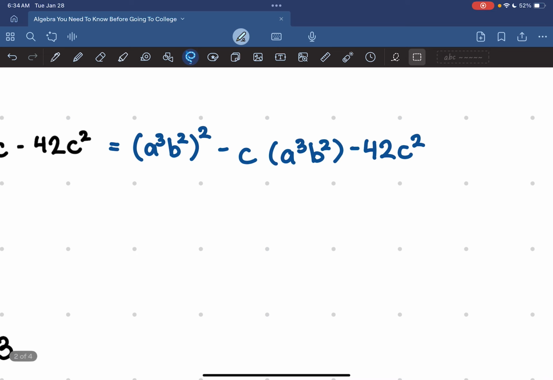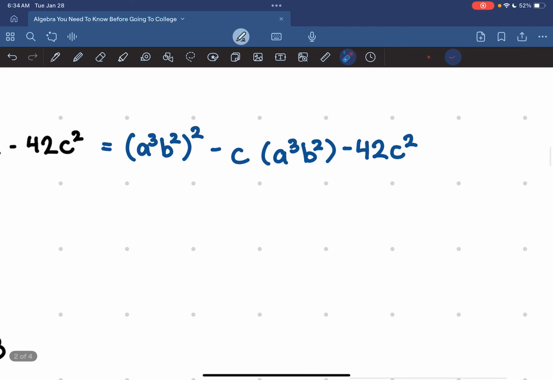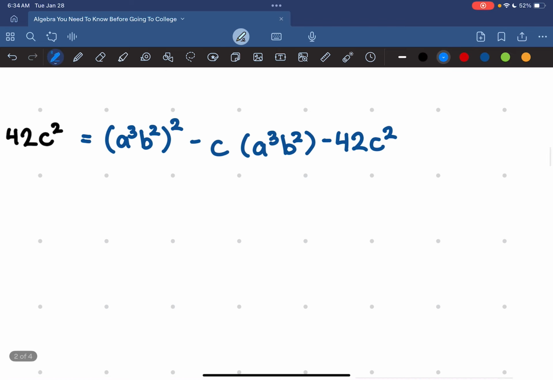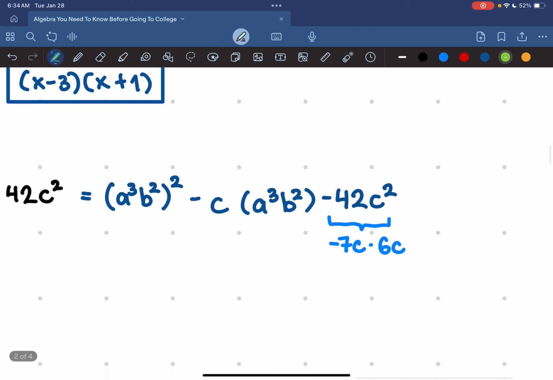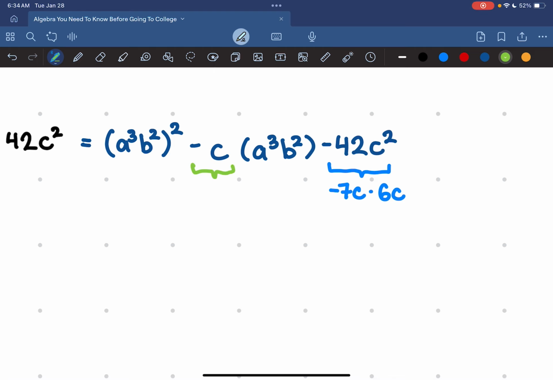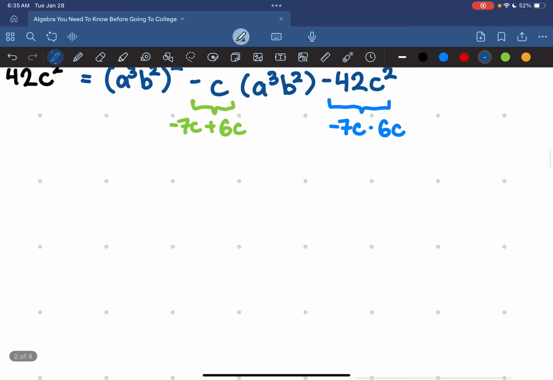So essentially we need to think of two numbers that when we multiply, again we get this, and when we add we get this. A good candidate for this one would be negative 7c times 6c. When you add that, we have negative 7c plus 6c, which is negative c.